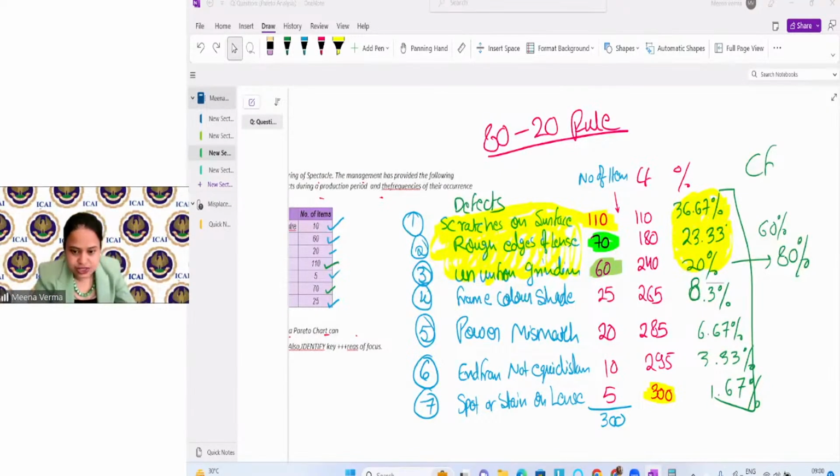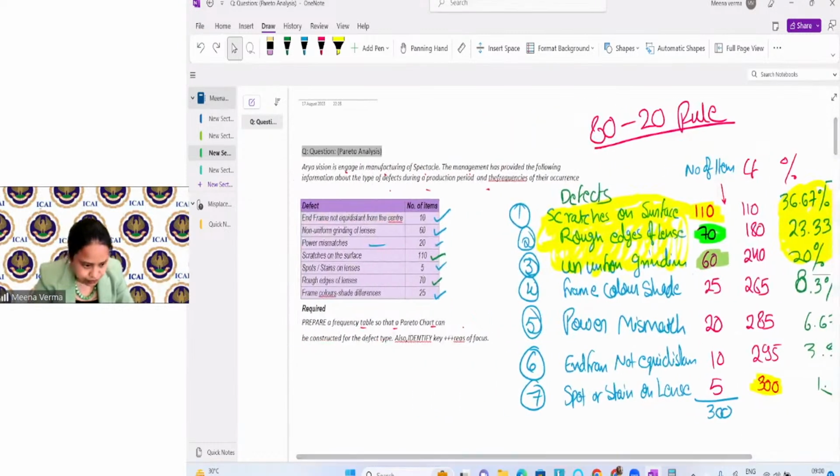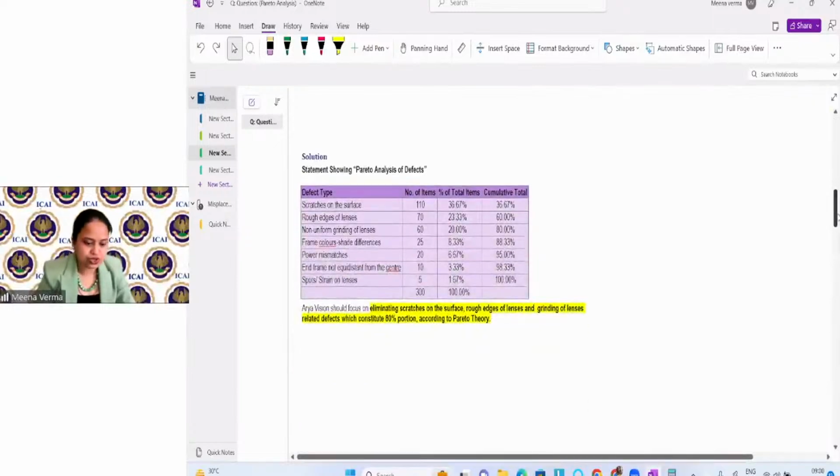Okay, let me show you this in your answer. You can see here it is given that 80% of the defects are happening because of these three reasons.